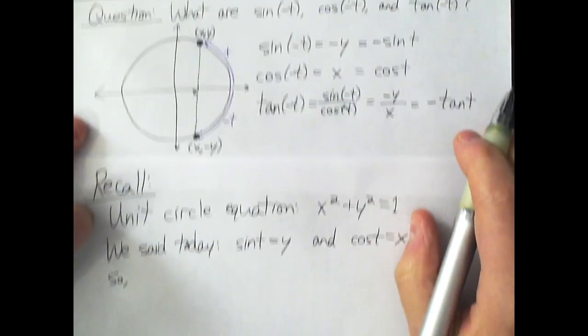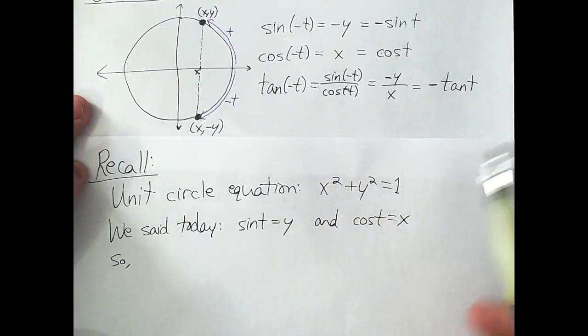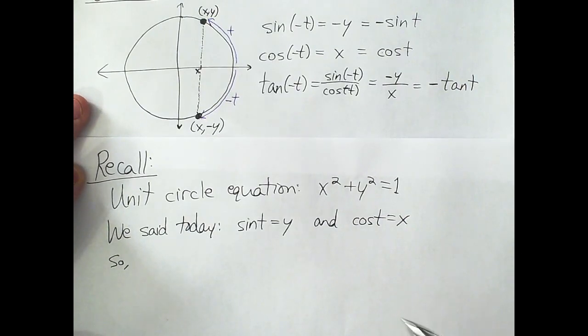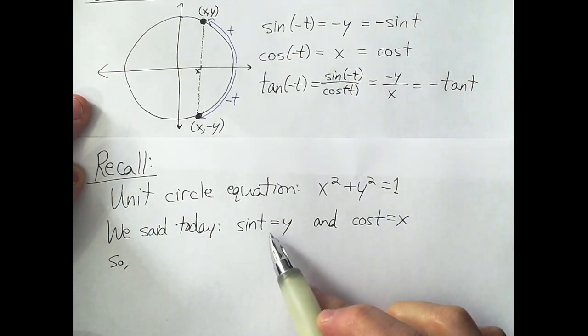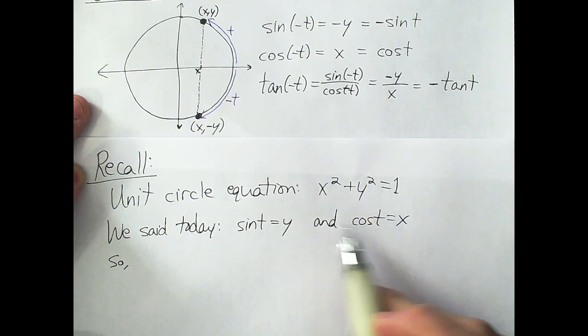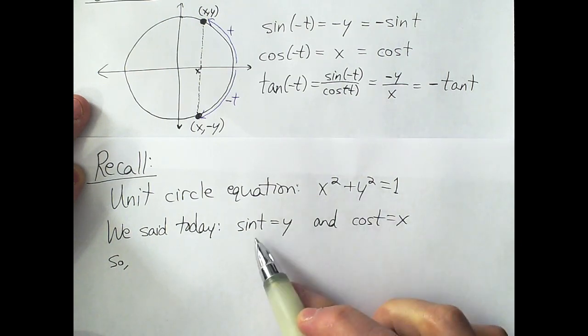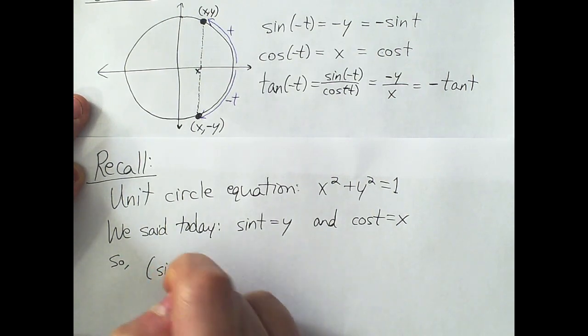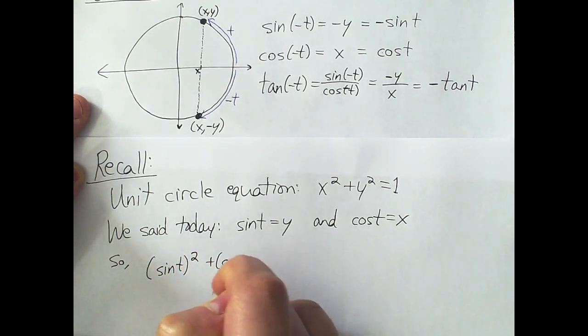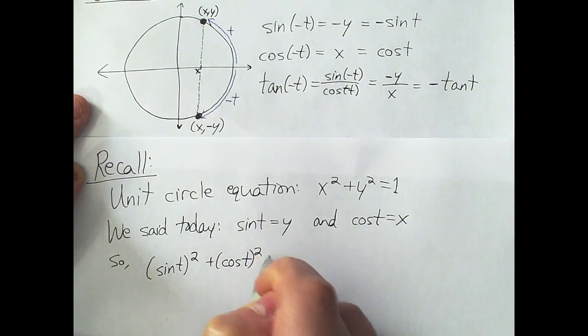So what we're going to do is put these together: the unit circle equation and the two little definitions for sine and cosine. What would the unit circle equation look like if we replace x with cosine and y with sine? It's going to look like this: sine of t squared plus cosine of t squared is equal to 1.